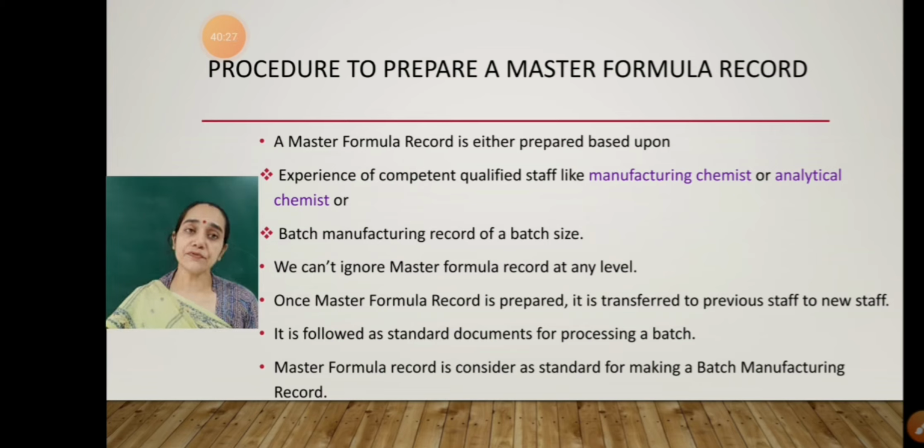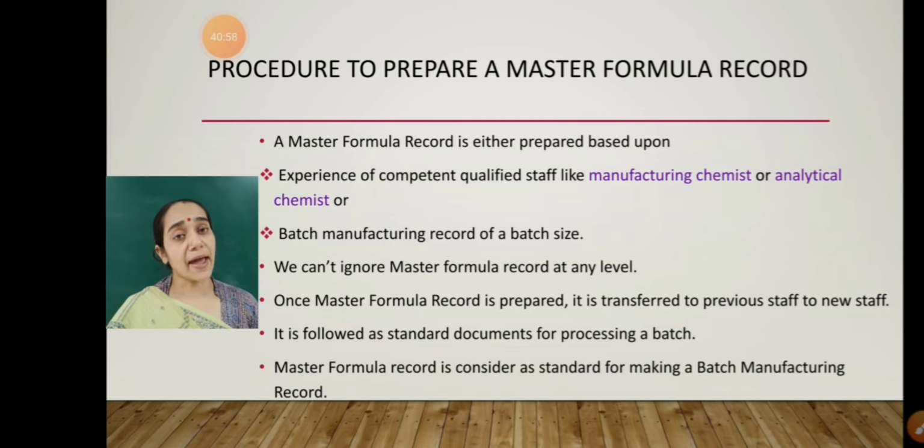Basically, a master formula record is prepared depending upon the experience of the competent qualified staff, and the qualified staff will include the manufacturing chemist and analytical chemist. This master formula record will also be prepared depending upon the experience about the batch manufacturing record.